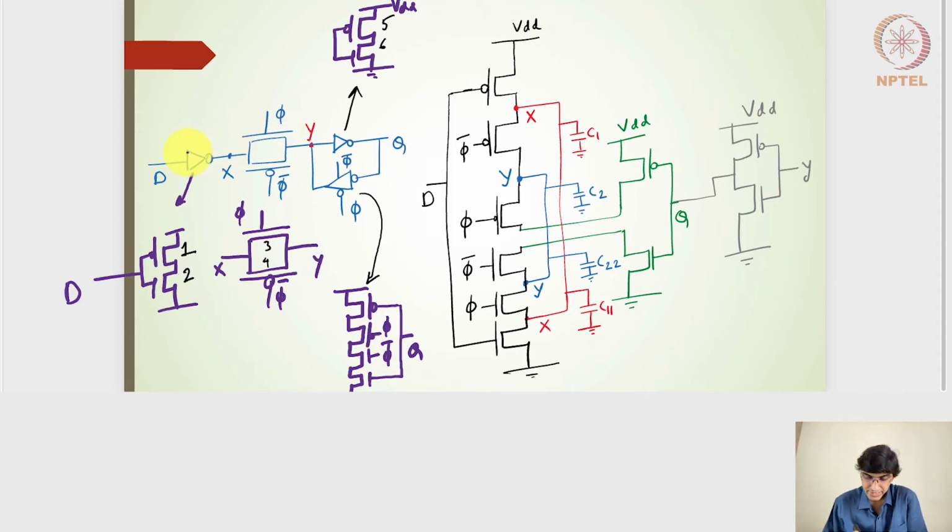When the clock is high, the transmission gate passes the signal, and during the phi bar signal, this output will be passed by the tri-state inverter. Right. So phi bar goes to the NMOS here, and the transmission gate will have phi to the NMOS. And let me also write the transistors here. So we completed 6. I'll write it as 7 and 8, and then finally 9 and 10. So there are 10 transistors.